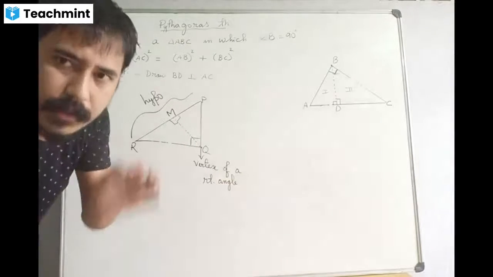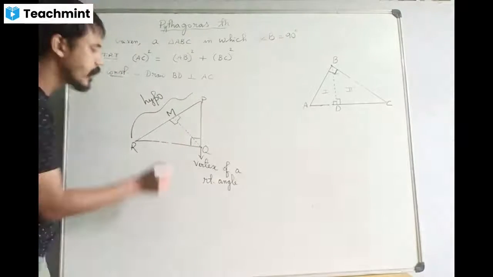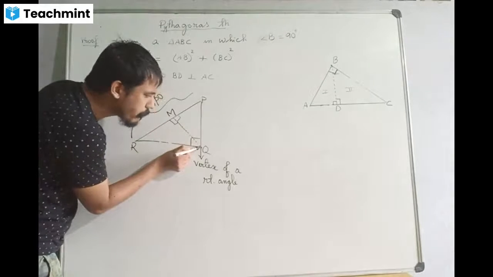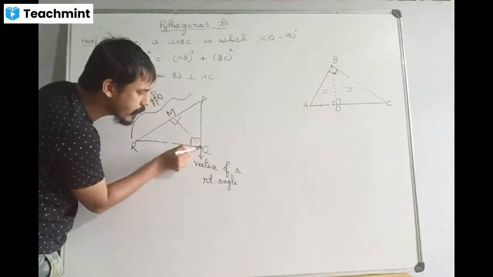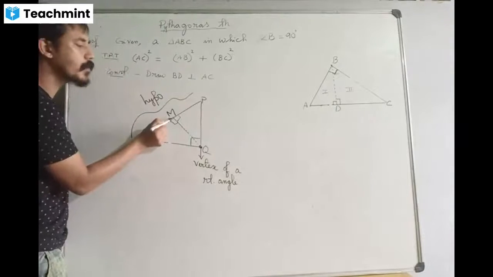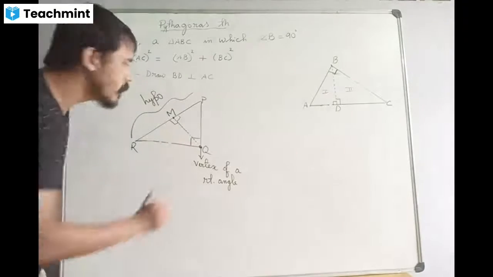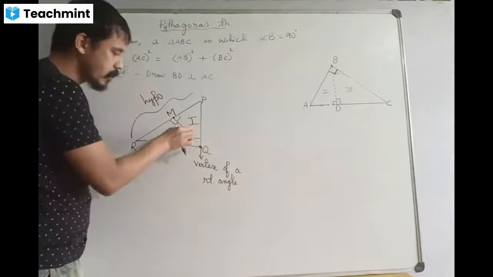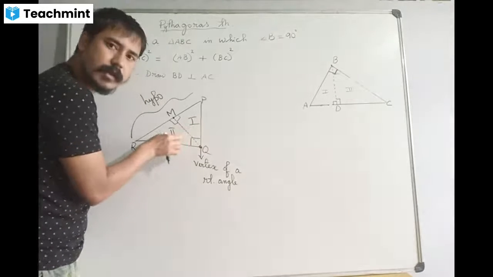Okay. Now the proposition says, if a perpendicular is drawn from the vertex of a right angle up to the hypotenuse, then the triangles obtained, see, I have obtained two small triangles, right?